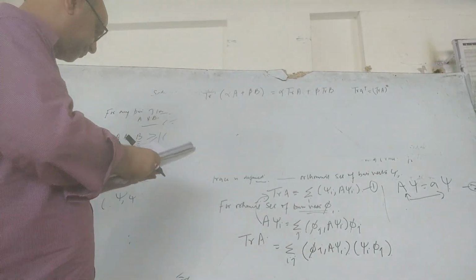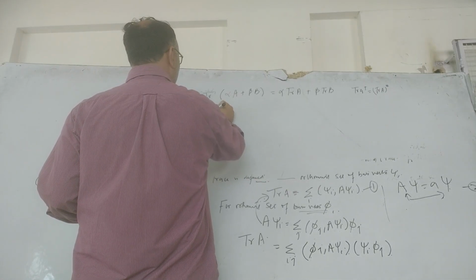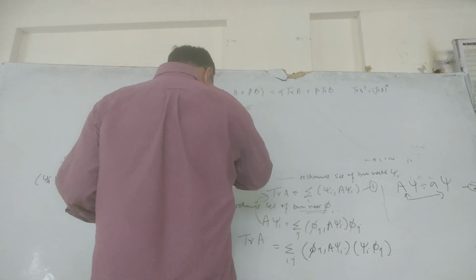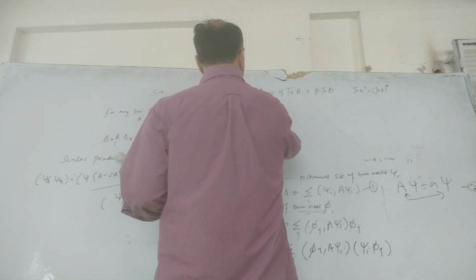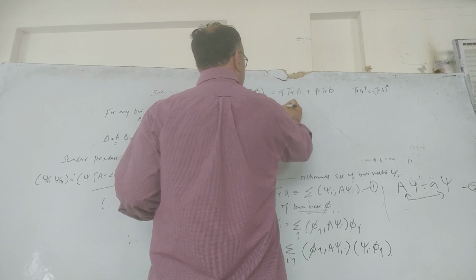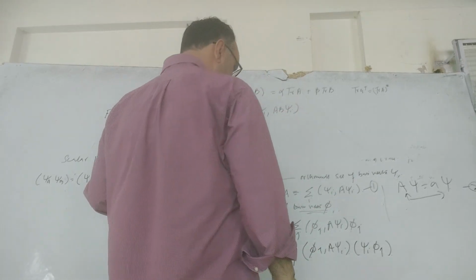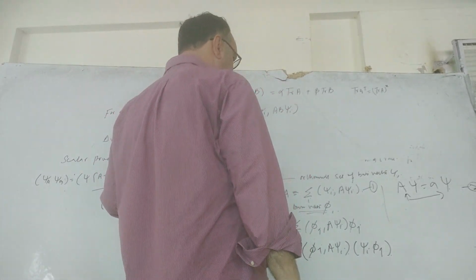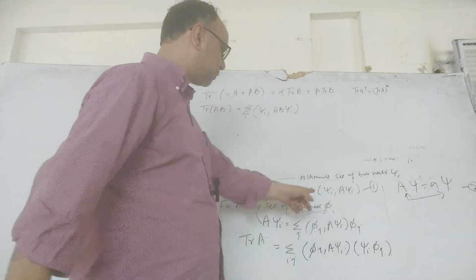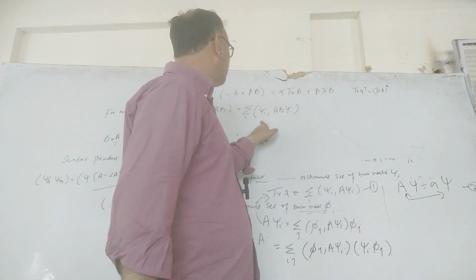Now if we have trace of AB, that will be equal to the sum of psi I, AB psi I. Because here we had only one operator, for example, now we have two operators in the product.